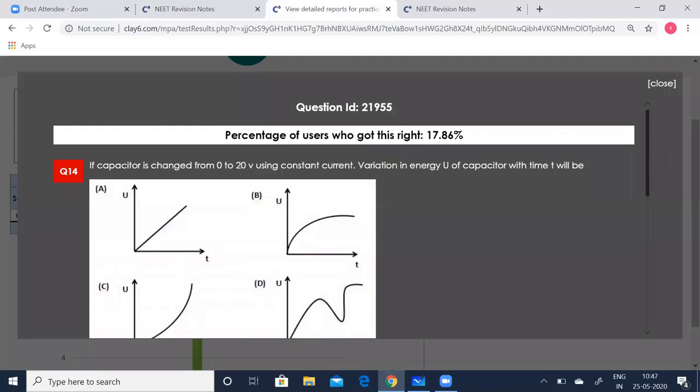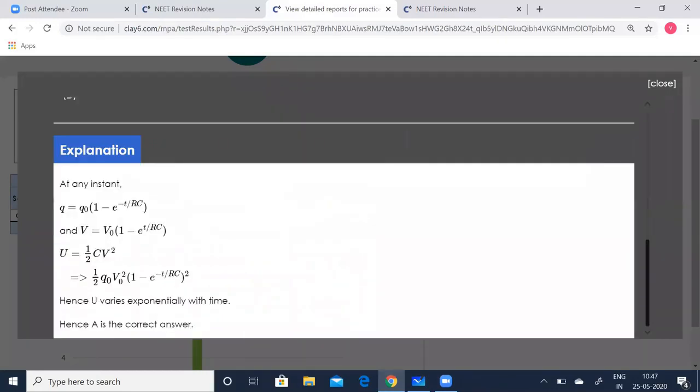Let's see the 14th question. So the capacitor is charged from 0 to, let's see which option is correct. It says Q is equal to Q0 into e to the power of minus t by RC. So V is equal to V0 into 1 minus e to the power of minus t by RC, and U is equal to half CV squared.